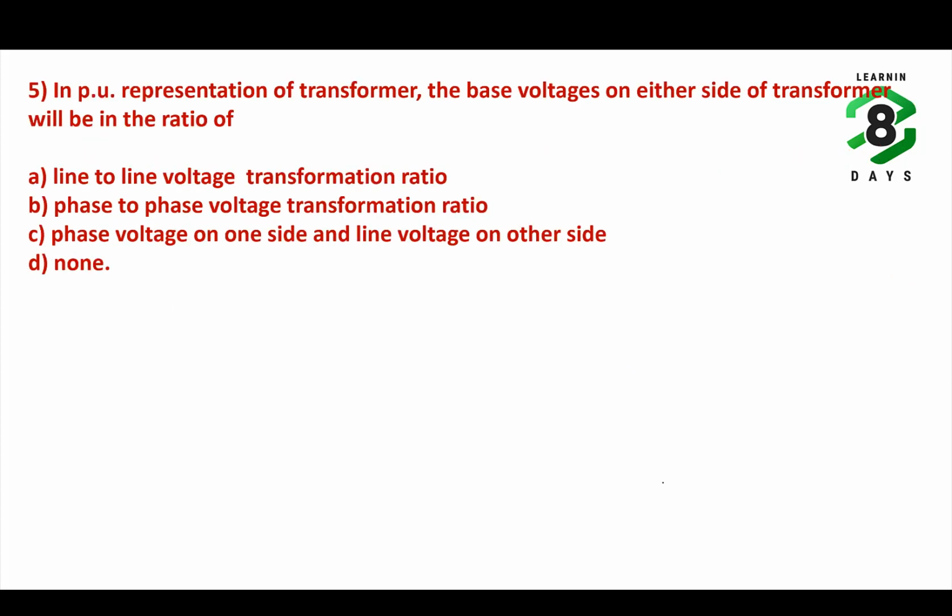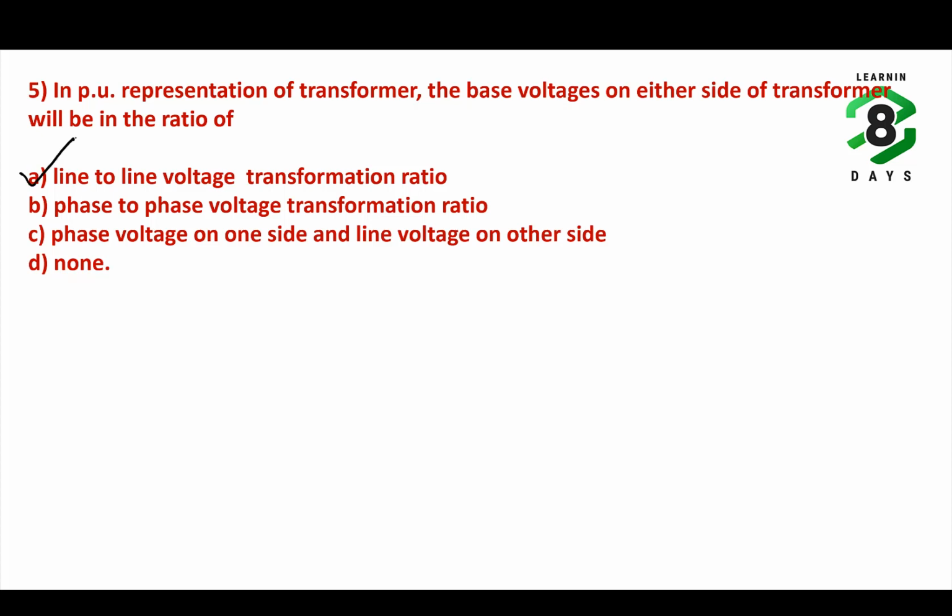Next, in per unit representation of a transformer, the base voltages on either side of the transformer will be in the ratio of? While deriving the per unit representation of a transformer, the basic idea with which we start the analysis is that the base voltages on either side of the transformer must be in the ratio of their line to line transformation ratio.